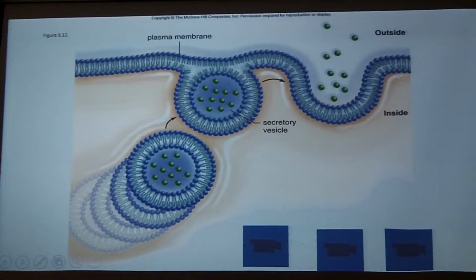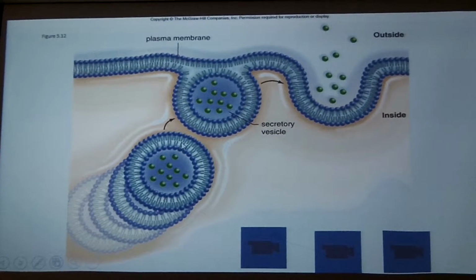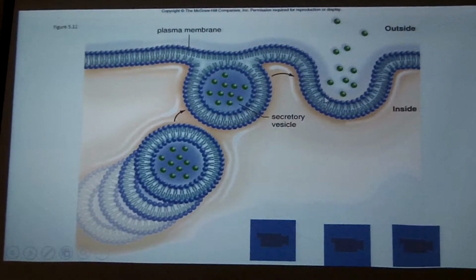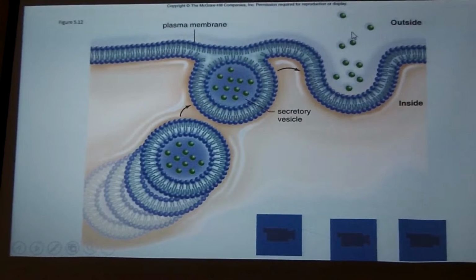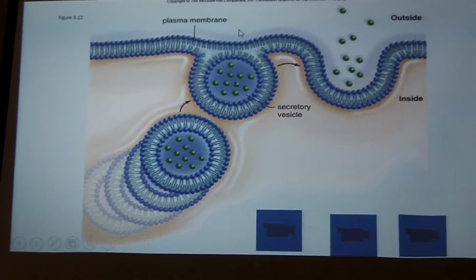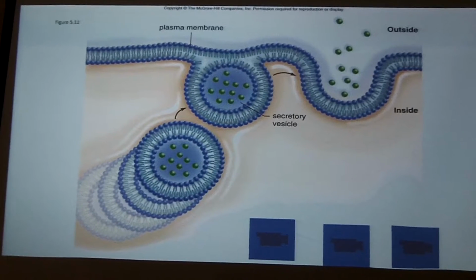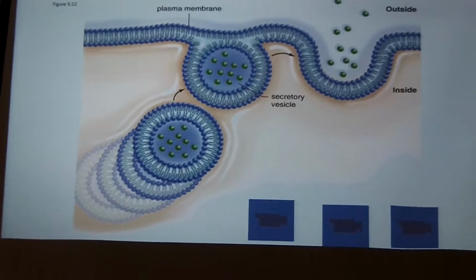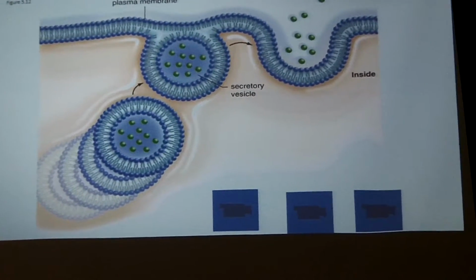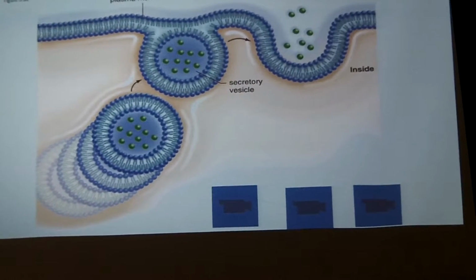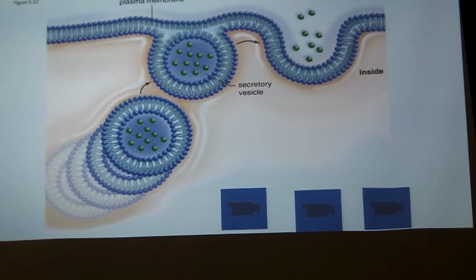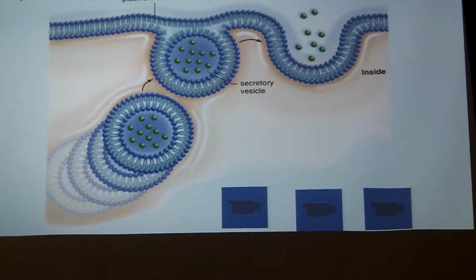And they make this membrane around all the particles, and then they go to the edge of the membrane and they squirt out a bunch of particles. We call that exocytosis. It's the opposite of endocytosis. Endocytosis is pulling in a vesicle, and exocytosis is excreting a vesicle. So the cell can do both. It can pull in vesicles or it can spit out vesicles.